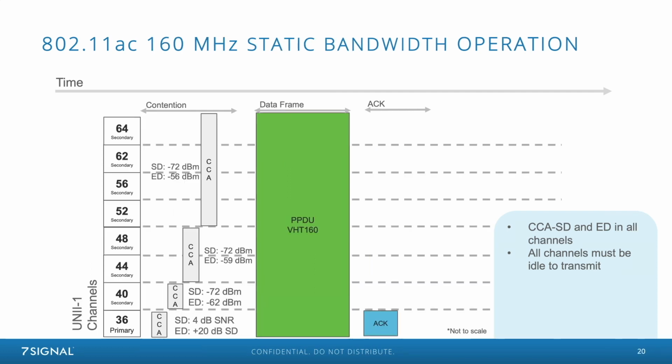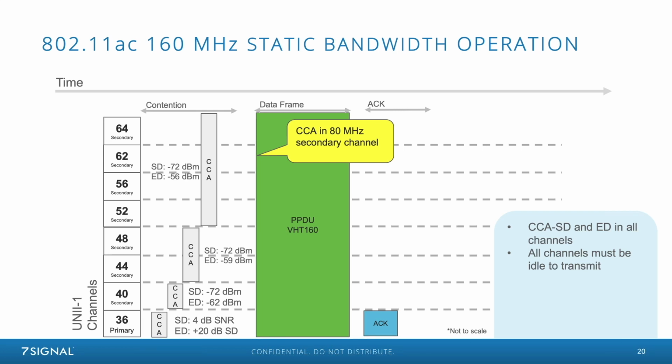160 megahertz wide channels also came about with 802.11ac, although it won't be until, I think, Wi-Fi 6E catches on that we really see this in use at all in the enterprise. And here we get a fourth CCA check on that secondary 80 megahertz wide channel, necessary to give us a full 160 megahertz to work with.